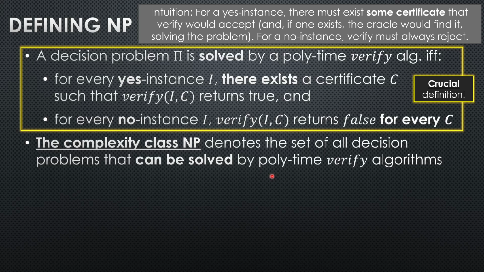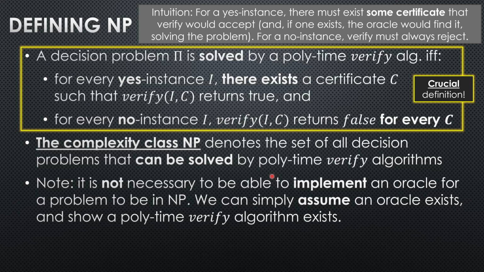And that will mean showing the existence of a polytime verify algorithm. So when you do that, you will be satisfying both of these definitions of the complexity class NP. So it doesn't matter to me which of those you pick. You can pick the one on the slides, or you can pick the one that was sort of hinted at on Piazza.